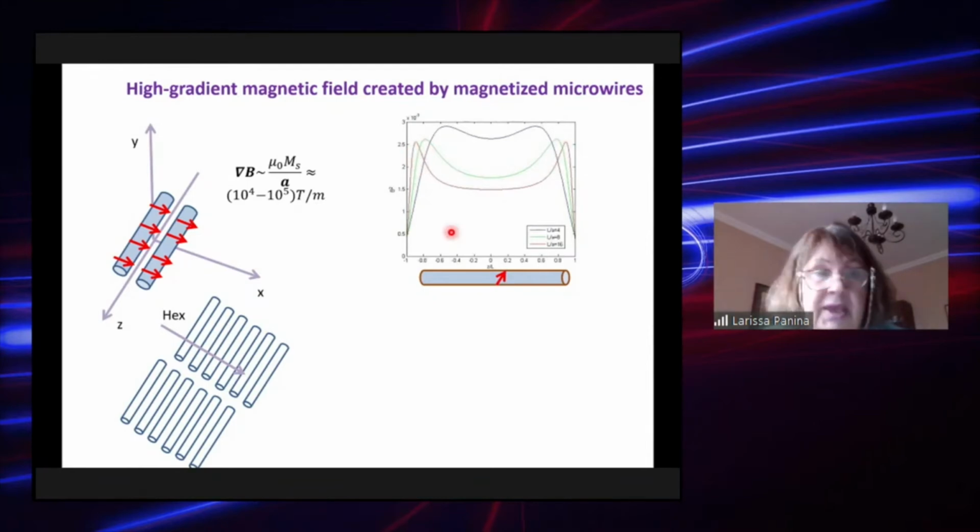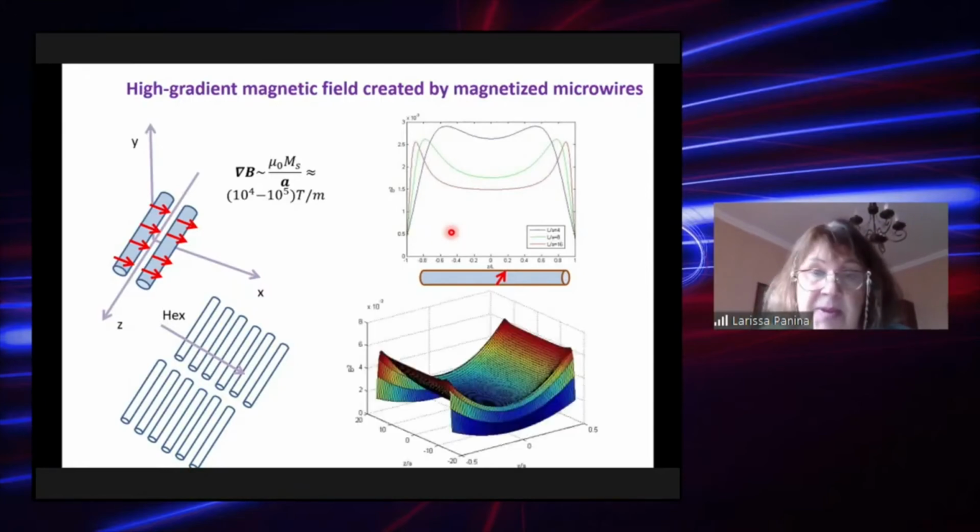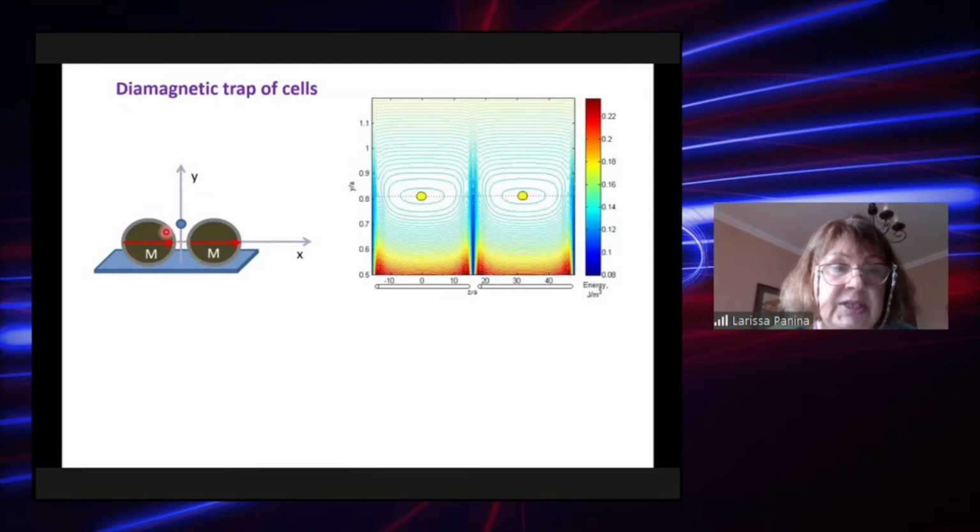So then we can think of having a diamagnetic trap, right? If you consider these two wires pair and they are magnetized along diameter, it is possible, for parameters that are quite realistic, to have this trap between the wires at a height of about one radius.